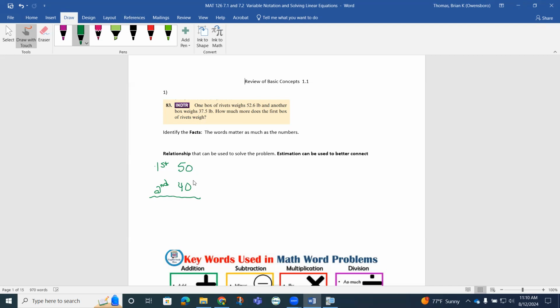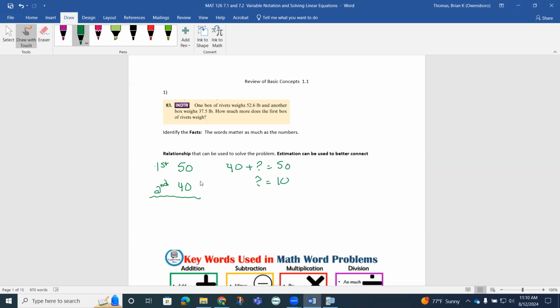How much more? So if I compare these two, how much more is the first box than the second box? Well, it looks like I'm saying if the first box is 40, how much more does it take to get to 50? So one way of looking at it is, 40 plus how much gets me to 50. So I see the first box is 10 pounds more.